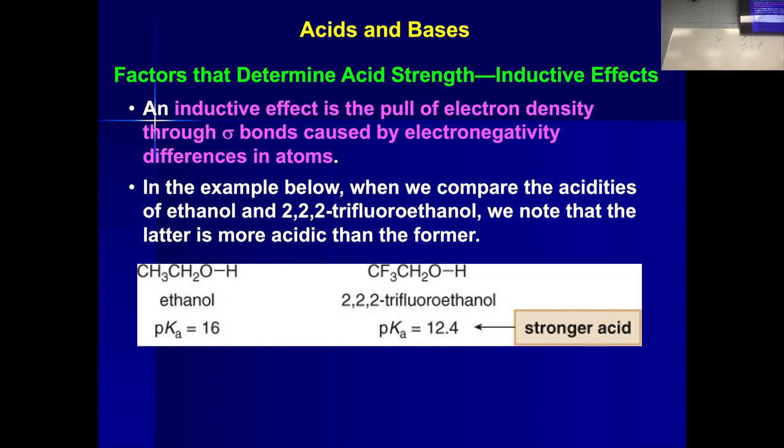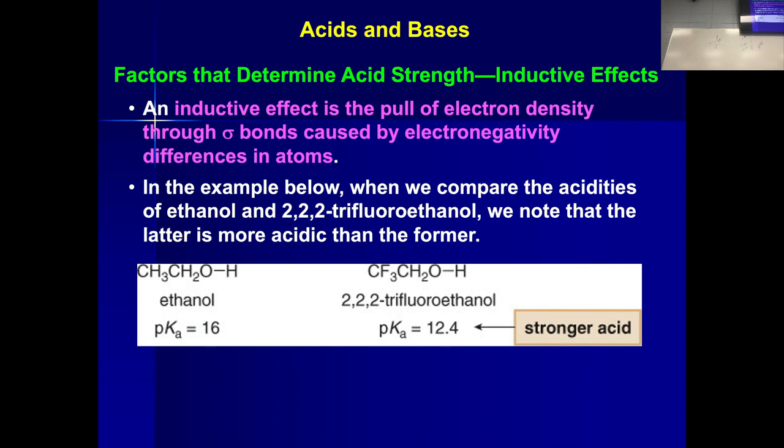And we can also have trifluoroethanol, where the first three hydrogens are replaced with fluorine. Notice the pKa differences. pKa of 16, pKa of 12.4. This is the stronger acid.